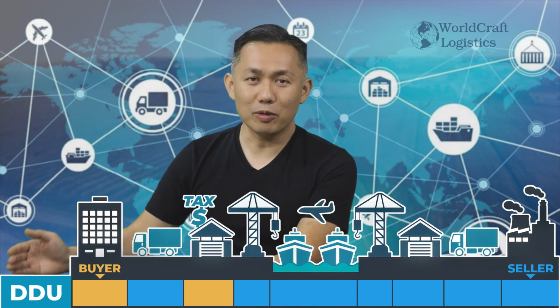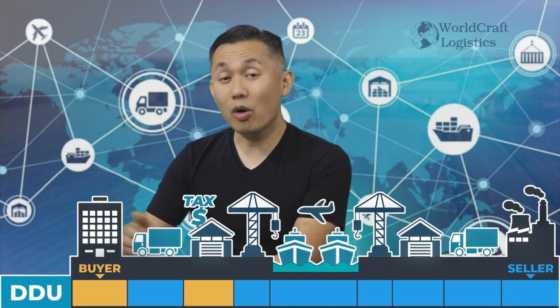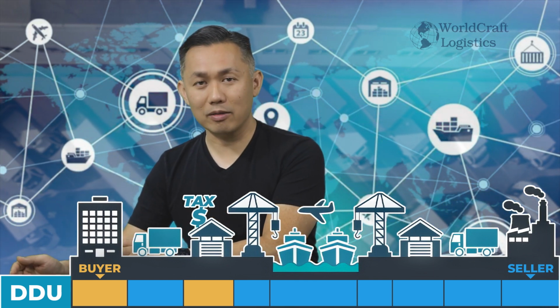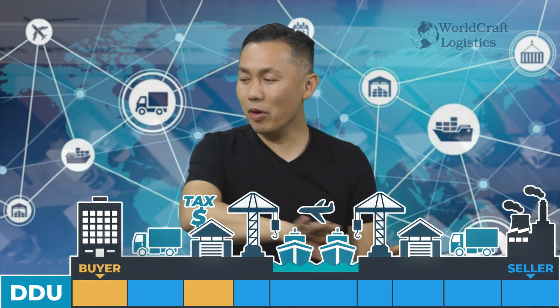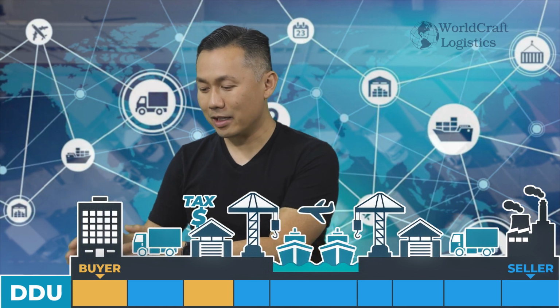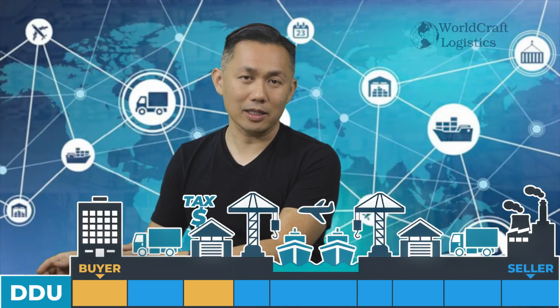The only difference is that once they deliver to your door, warehouse or e-commerce store, you are responsible as the buyer to pay for duty, which is the import tax, right? So for that, it's pretty plain and simple. They'll do everything for you, except when it hits that point, you will have to take care of the import tax.